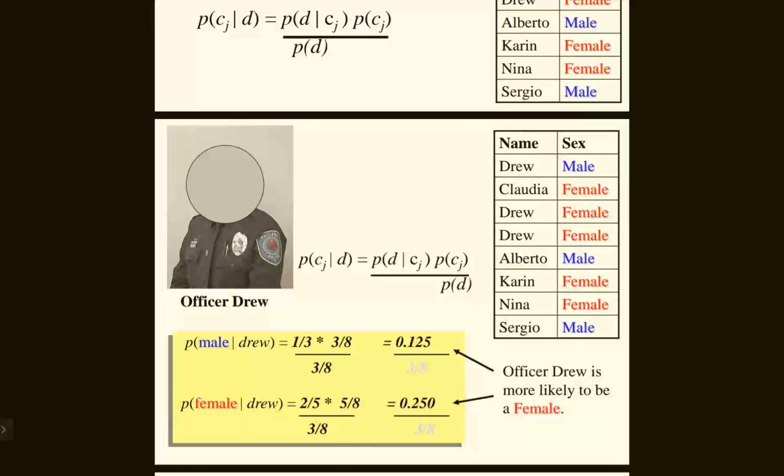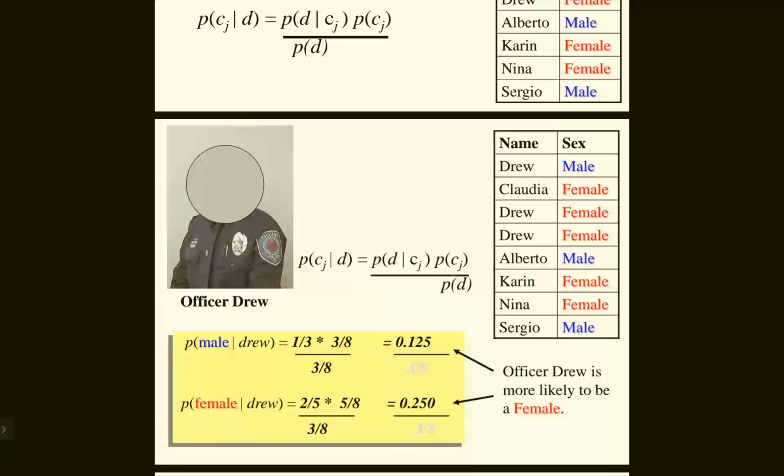Similarly, we have to calculate the probability of female with respect to Drew here. Okay, so what is the probability of it? We have to focus on that. Just check in this example the probability of female with respect to Drew. Now just concentrate here.